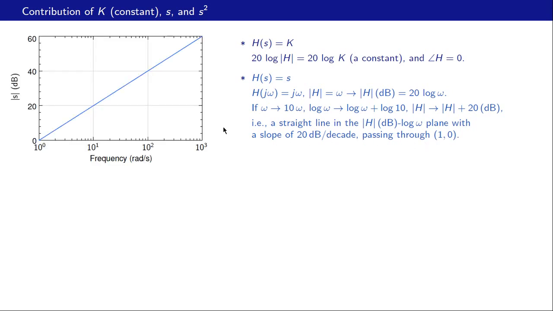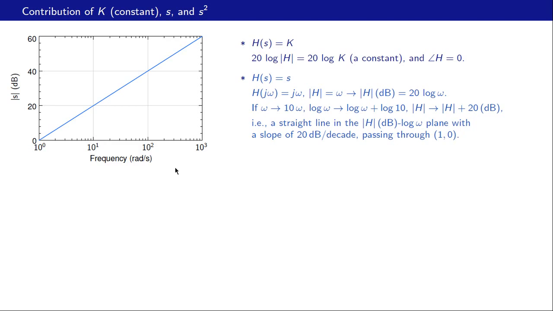Alright, so that is a plot. At omega equal to 1, which is this point, our h in magnitude is 0. That is the same as mod of s here. And as we increase the frequency, the function goes up with a slope of plus 20 dB per decade.